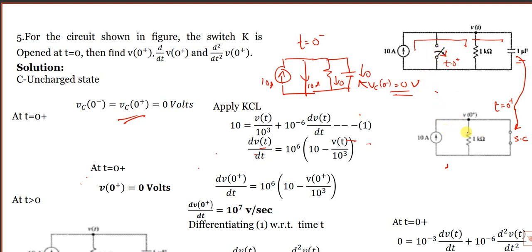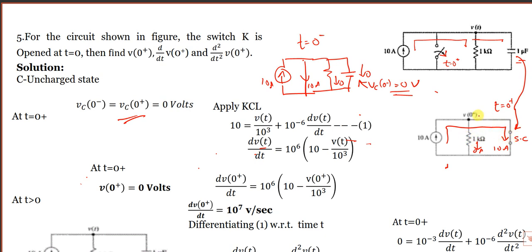Here a 1 kilo ohm resistance is there, here 0 resistance is there. Since 0 resistance, short circuit is there, all the current flows through it and no current through the 1 kilo ohm resistance. Current always flows in the 0 resistance path. So all 10 amps will flow through the capacitor and no current flows through this.